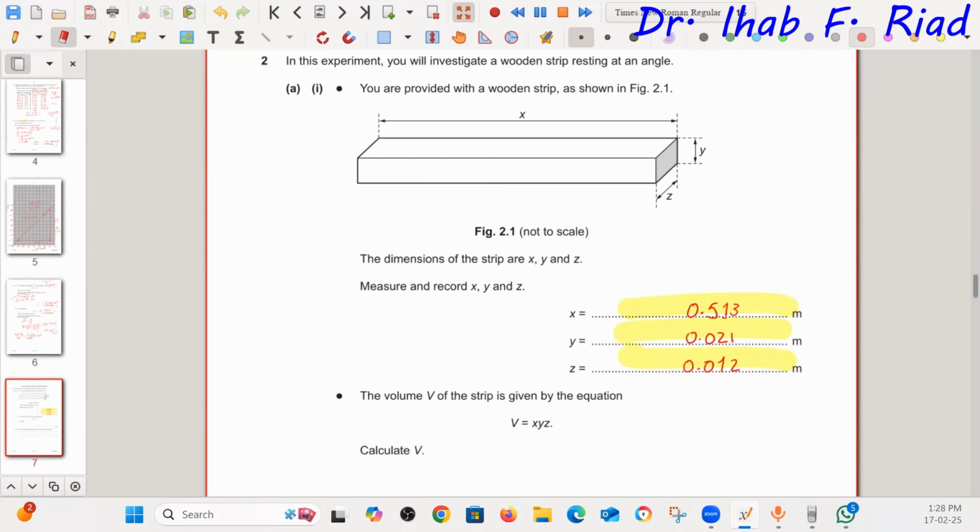If we have a vernier available, then we can use a vernier, right? If the width or the height of the wooden strip is small, then we can use a vernier if it is available. If not available, then we can go again with the meter ruler, right? Right. What else should we do?